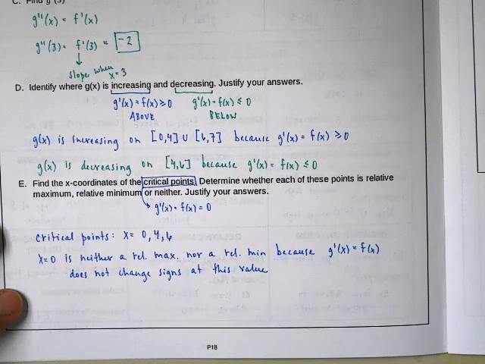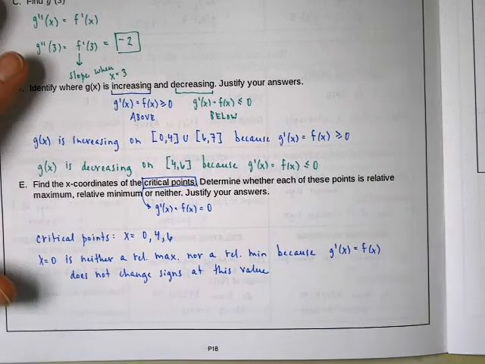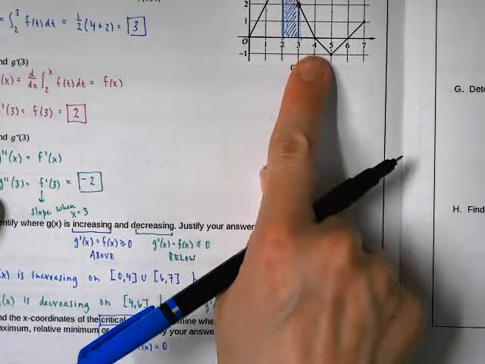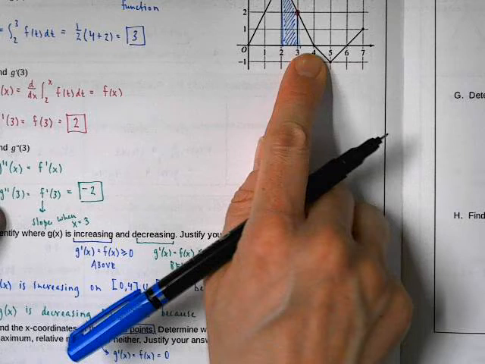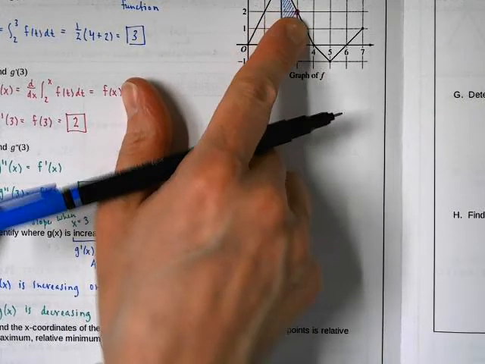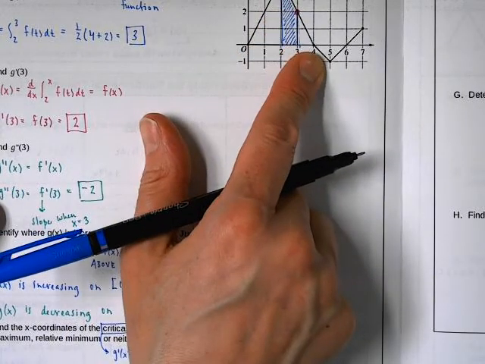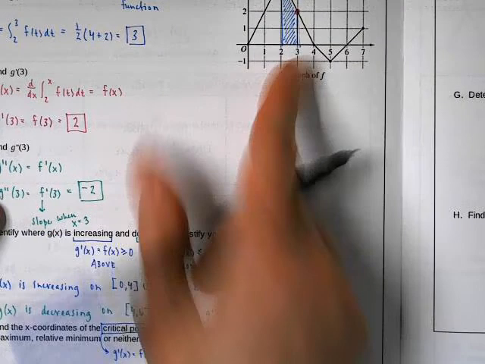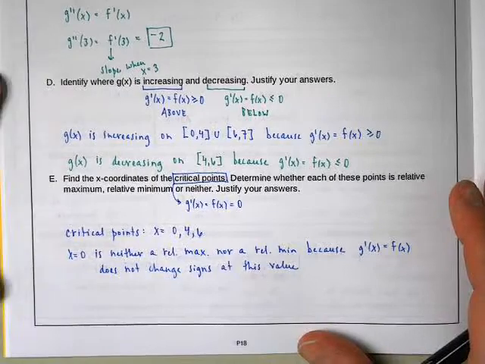All right, now let's see, x equals 4. Here I can see that my graph, f, changed from being above, so positive, to below, which is negative. When we change from positive to negative, that means we have a relative max.